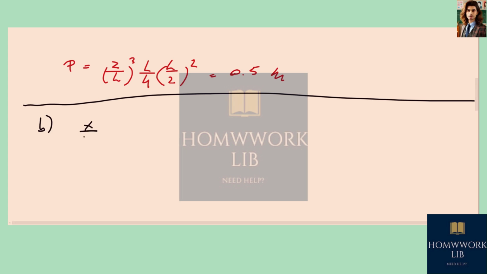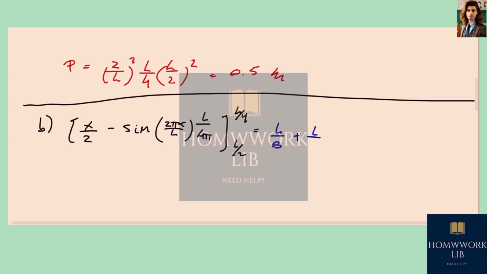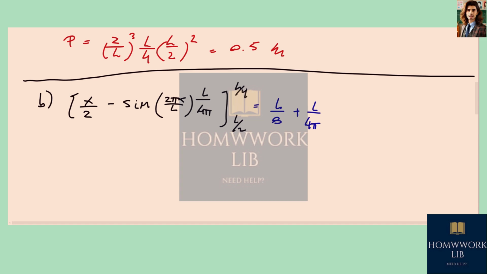Now we have x divided by 2 minus sine of 2 pi x over L, times L over 4 pi, and the interval goes from L over 2 to L over 4. Applying this interval, we find that this is equal to L divided by 8 plus L divided by 4 pi. The solution will be the same for y and z, since the only range that we change is x.